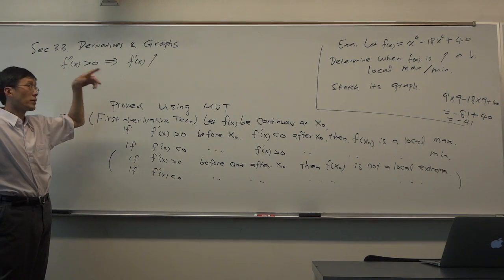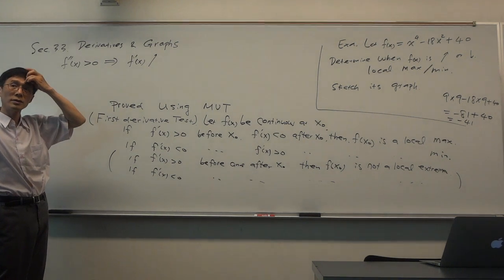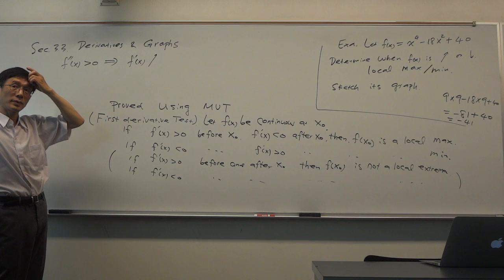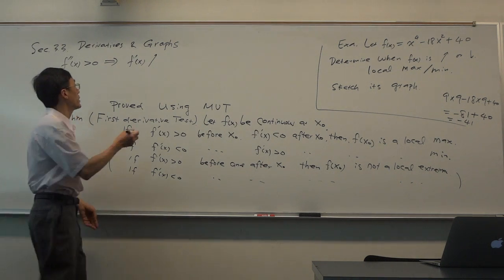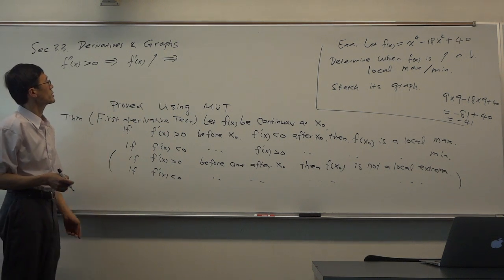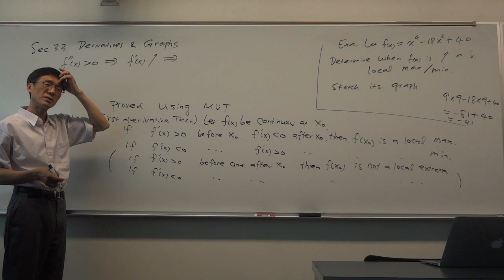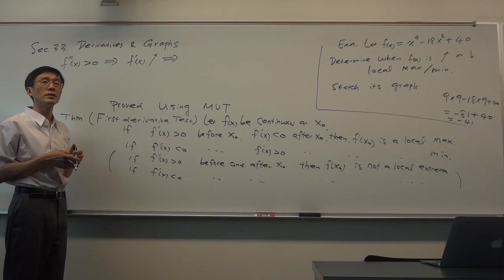So f prime as a function has a positive derivative, therefore it is increasing. Now let's try to understand what it means for f prime to be increasing. That means the slope of the tangent line is increasing.